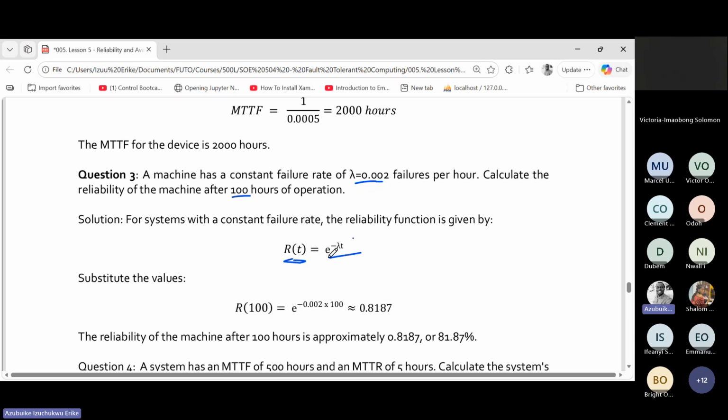So we have R(t) equals e to the power of negative lambda times t. The failure rate lambda is actually 0.002, so it has 0.002 multiplied by 100, which is going to give us what?